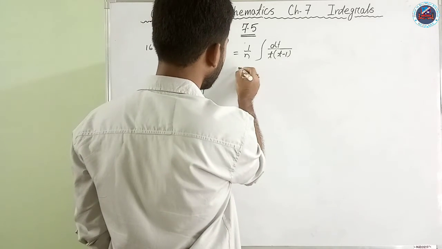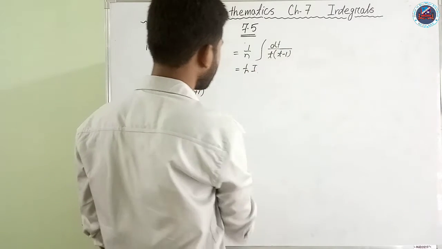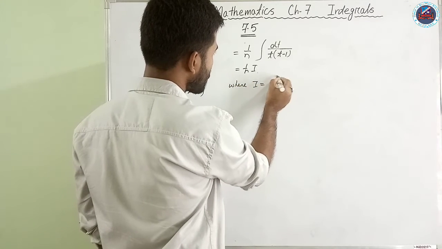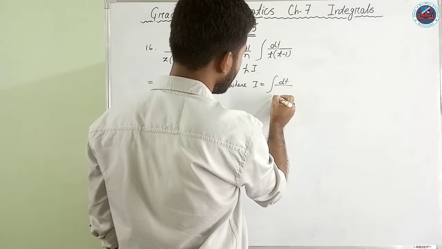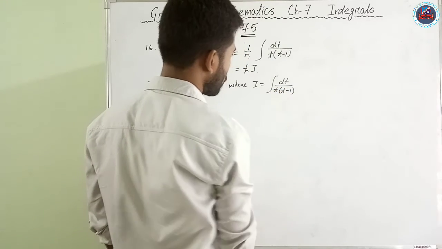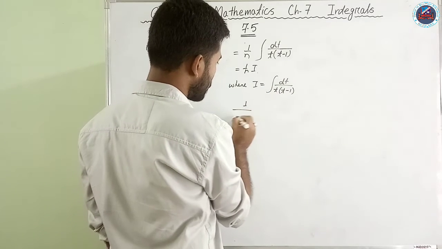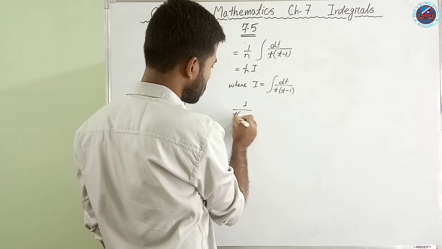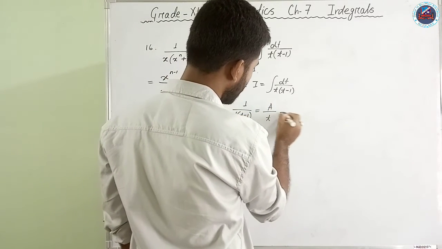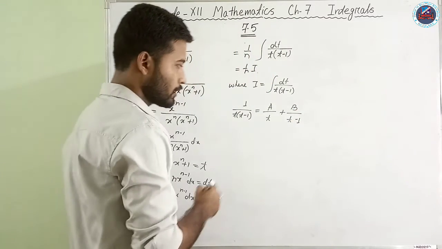Okay. Now let us take this integral as I, where I is equal to integration of dt by t into t minus 1. Now this fraction 1 by t into t minus 1 can be written as a by t plus b by t minus 1.